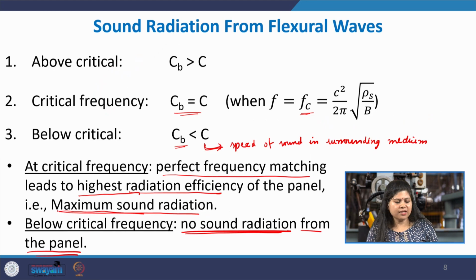So, what we see here is that below the critical frequency, the same plate is not able to generate sound waves. Even though it is vibrating and having a bending wave, it does not act as an acoustical source and does not radiate sound waves. At the critical frequency, suddenly there is a fixed high radiation, and above that the radiation goes down, but it is there.